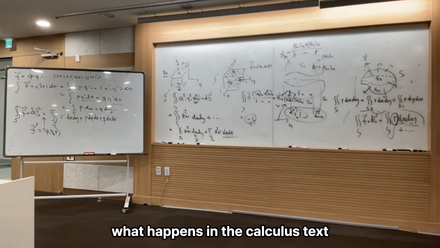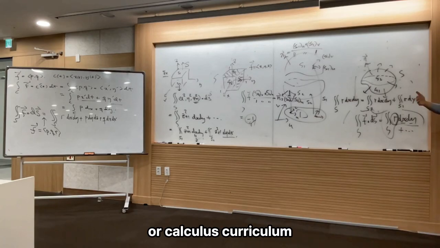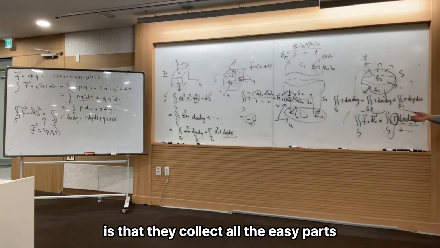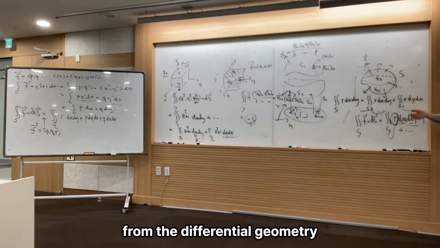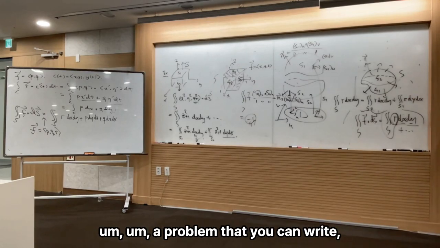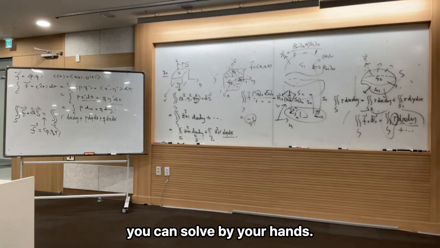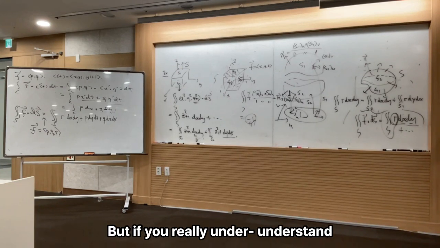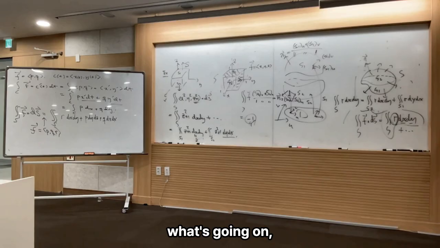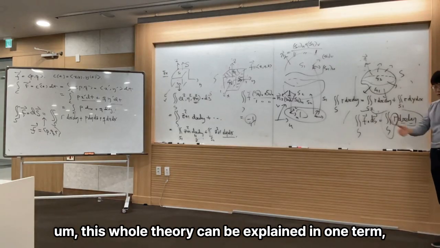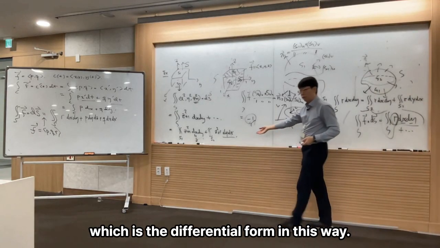Normally in the calculus text or curriculum, they collect all the easy parts from differential geometry and put them into problems that you can solve by hand. But if you really understand what's going on, this whole theory can be explained in one term, which is the differential form.